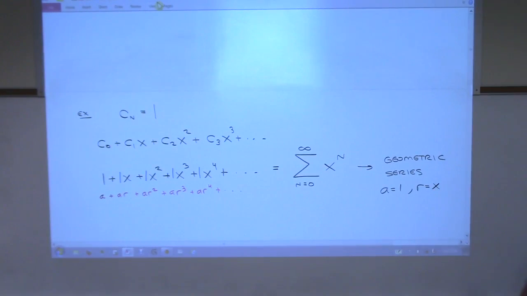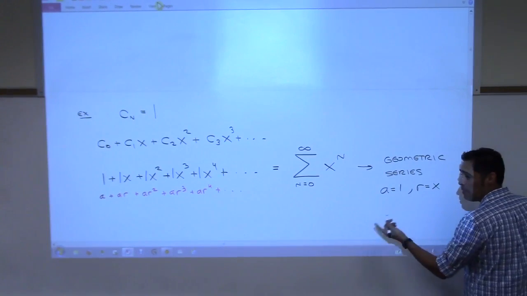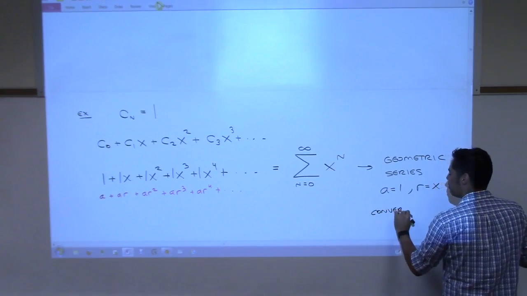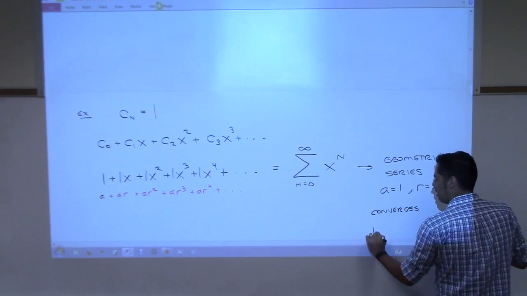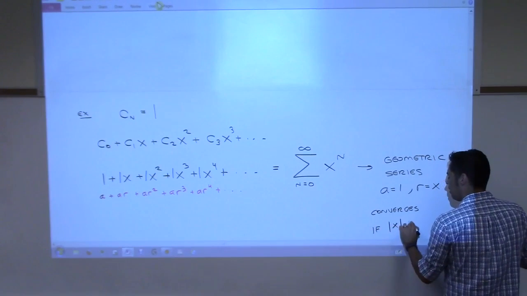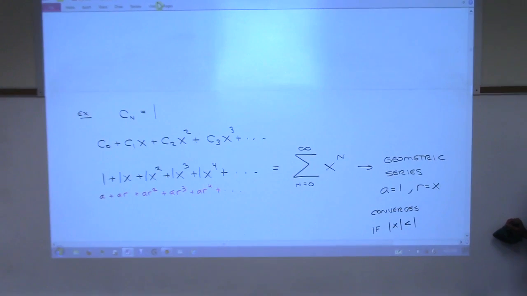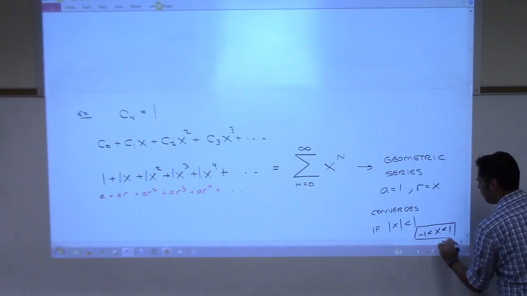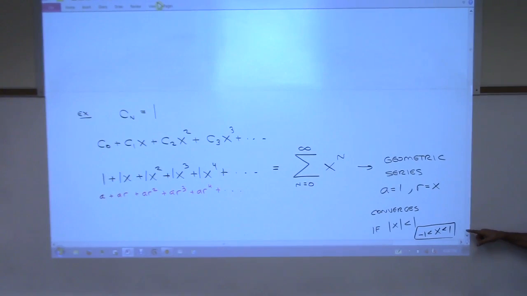So can you tell me when this will converge? Exactly. So let's say that with absolute values. This converges if the absolute value of x is less than 1, right? Which really means that x is between -1 and 1, right? Do you agree?